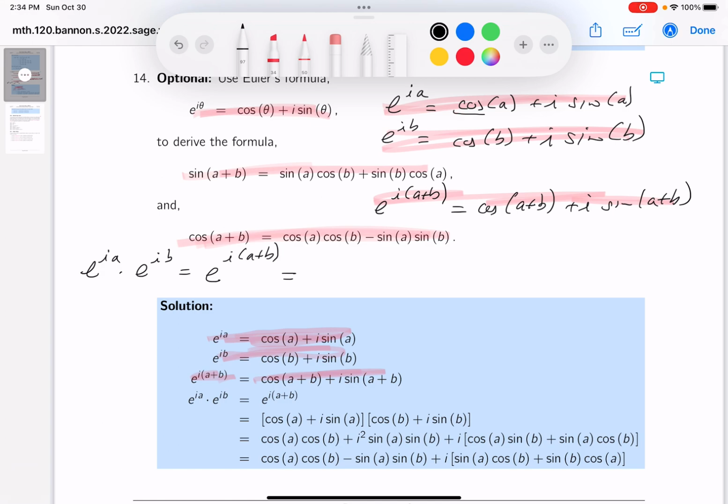And what I'm going to do over here, I'm going to multiply this out. And when I do that, it should be identical to this over here. All right, let's see what happens.